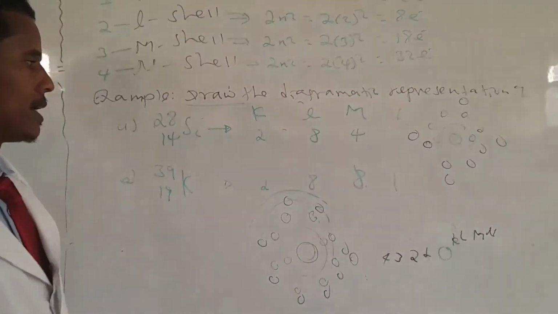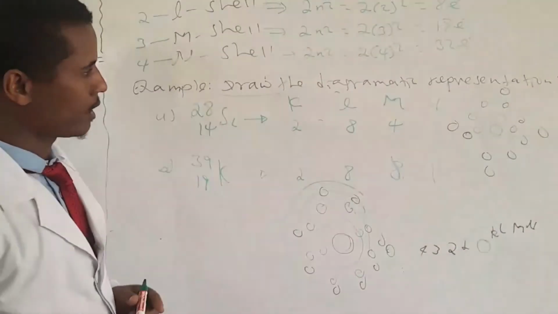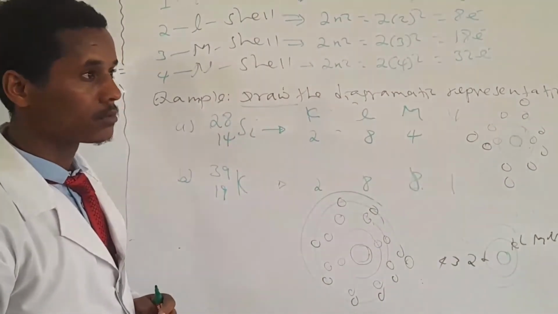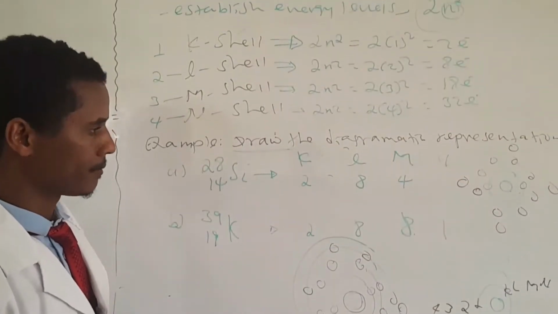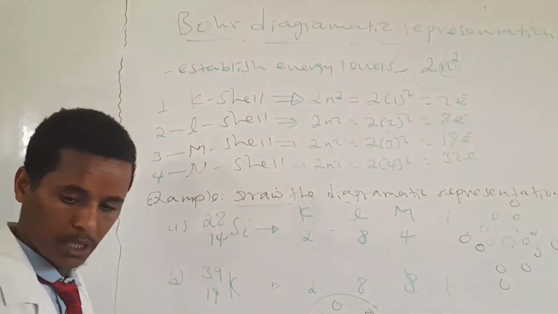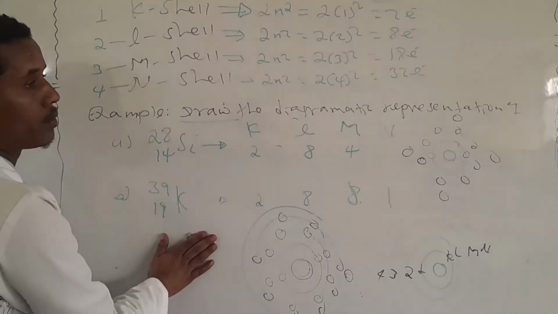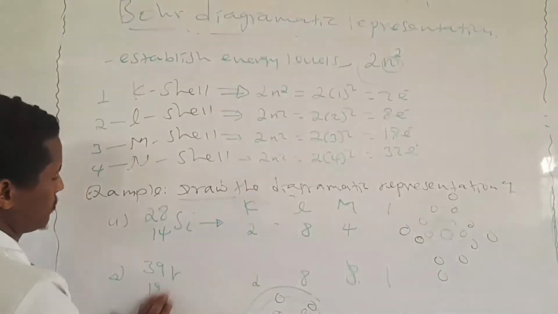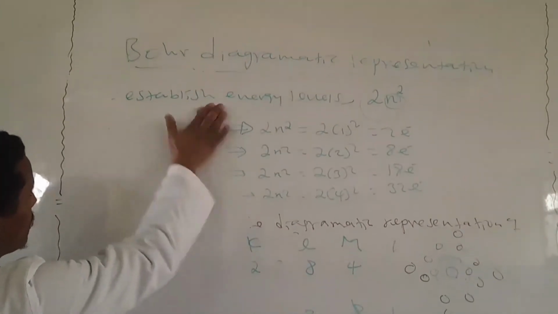This is the historical diagrammatic representation of electron configuration based on Bohr's idea. Now let us see the other point, electron configuration with respect to the quantum mechanical model of the atom, or quantum theory.